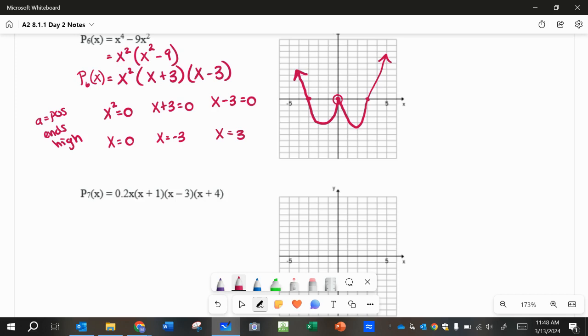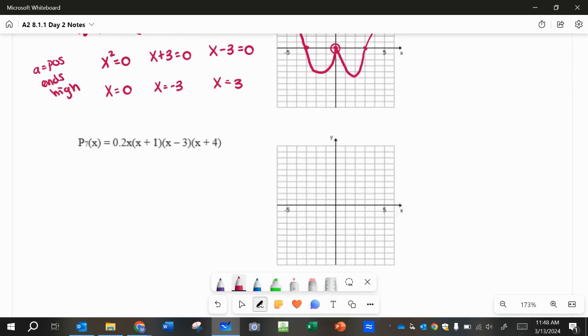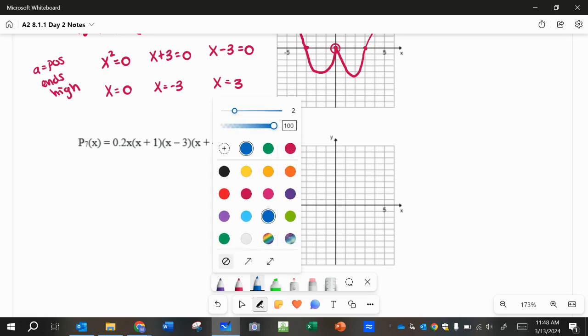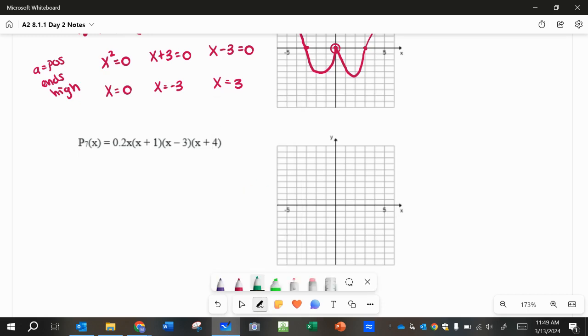I want you to graph your x-intercepts, figure out if there's a bounce or a cube, a square or a cube, and then I want you to figure out how it ends so then you can draw your graph. Okay, so if you're not done, pause the video.